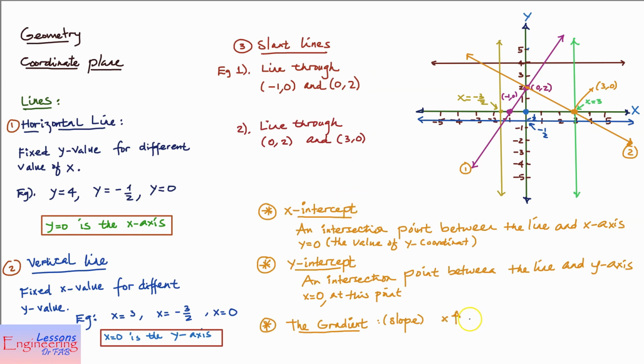If an increase in x results in an increase in y, we have a positive gradient. But if an increase in x results in a decrease in y, we have a negative gradient. The gradient, also called the slope, is designated by the small letter m. This is defined as change in y per change in x.